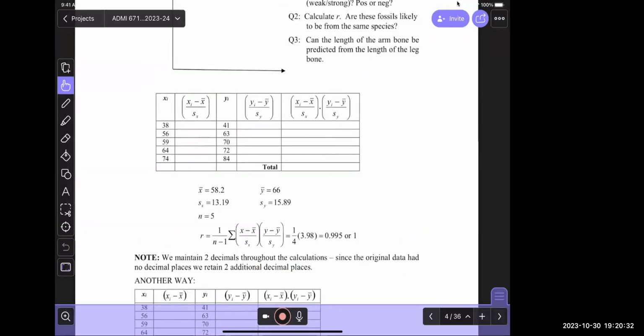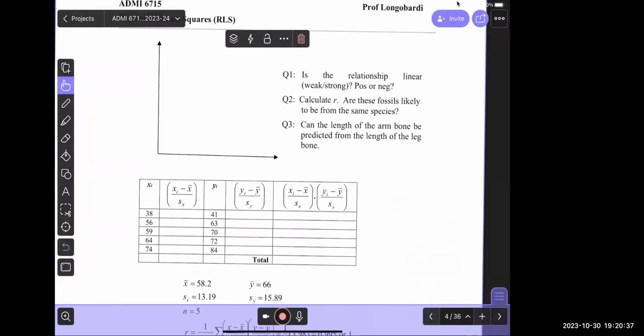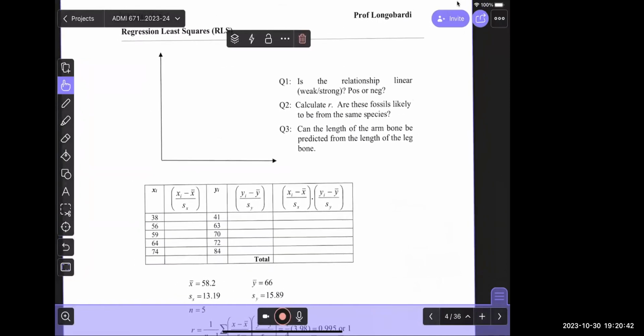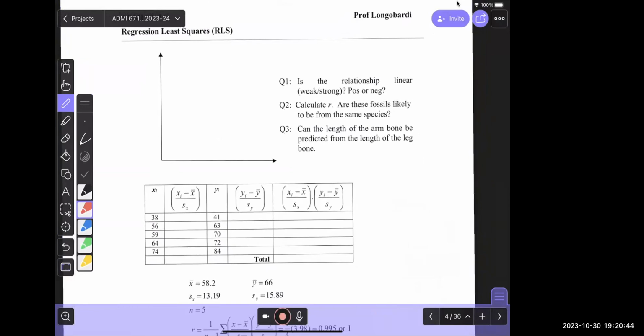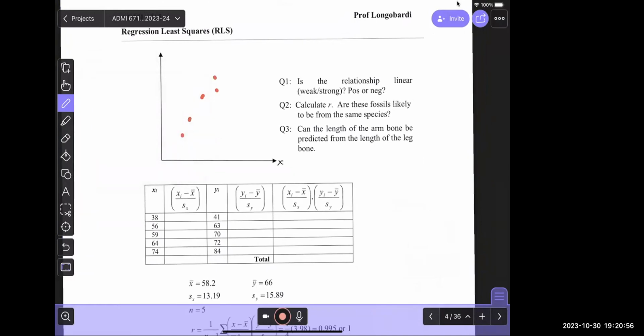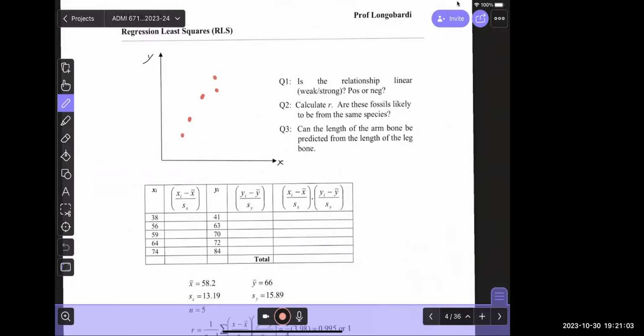So I could plot them here. And it actually turns out, I'm just going to do a quick plot, that they're like something like that. You guys can double check that. So what do we see in this data?